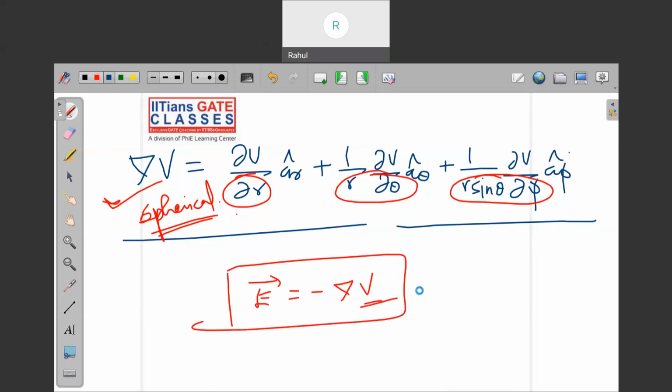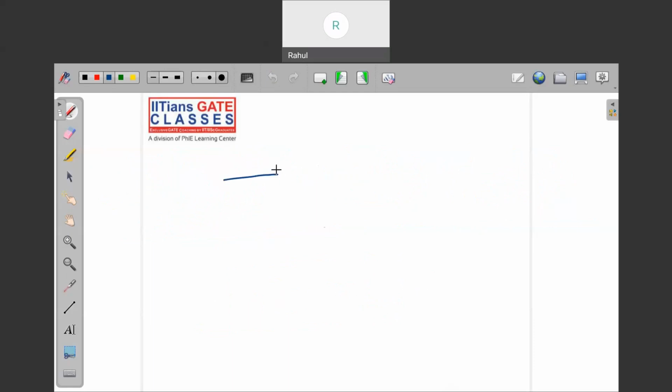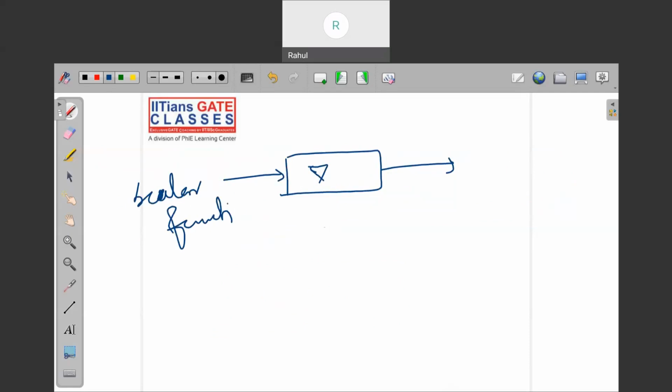So it happens like this. Suppose this is some operator, and here this is a gradient operator, and you are applying the scalar function here.